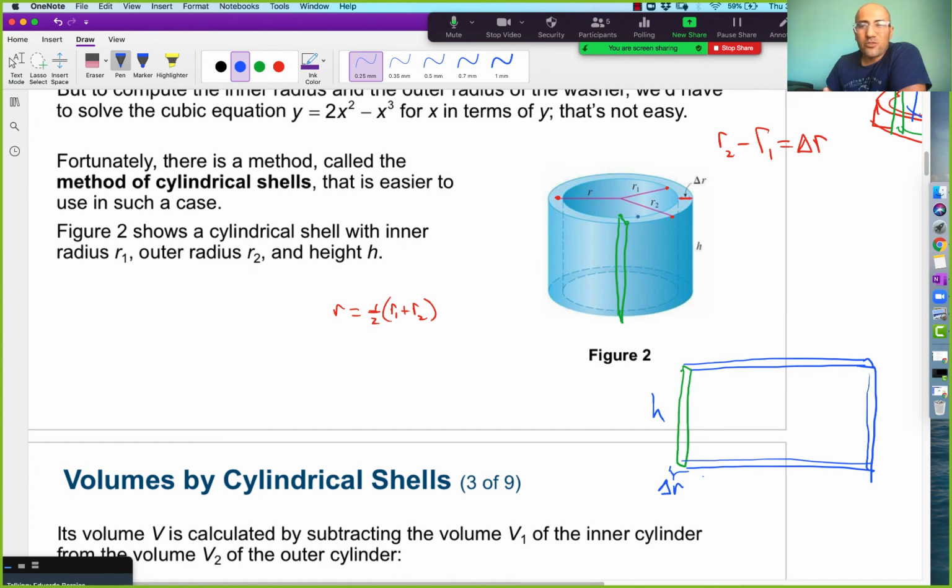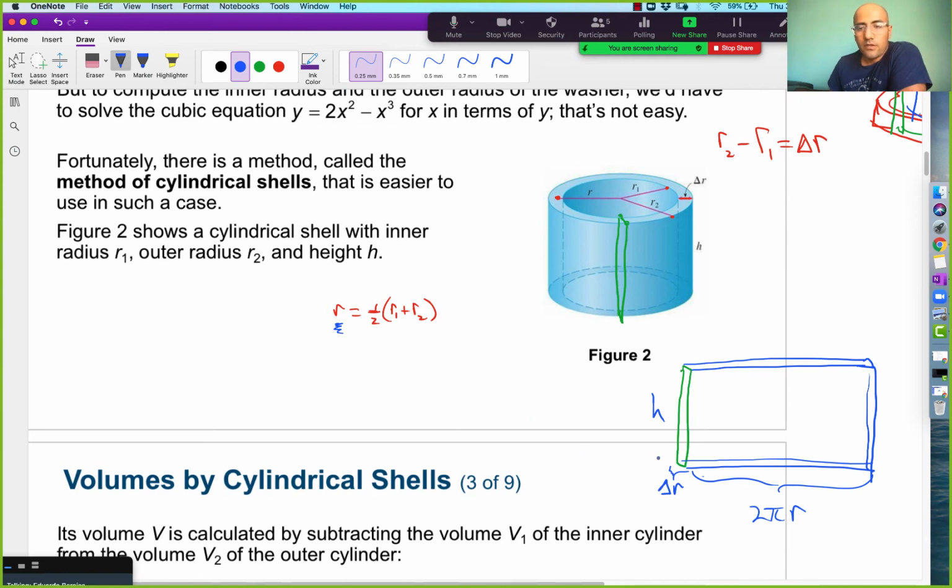And then this distance right here would be the circumference. Except that we have two circumferences, the circumference of the inside one and of the outside one. So it would be approximately the circumference of the mean of the two, approximately 2 pi r, where r, remember, is the mean of the two. It's this r right there.